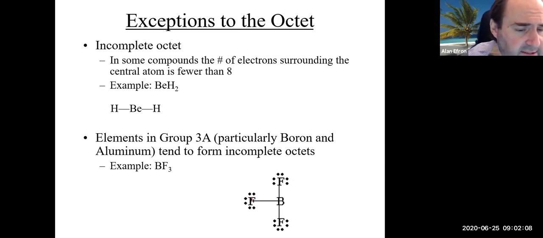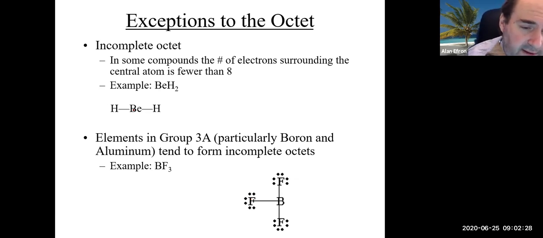And the first one is what is known as an incomplete octet. So an incomplete octet basically means pretty much what the name implies, that you have less than 8 valence electrons. So there are certain things on the periodic table that are perfectly fine with less than 8 electrons.